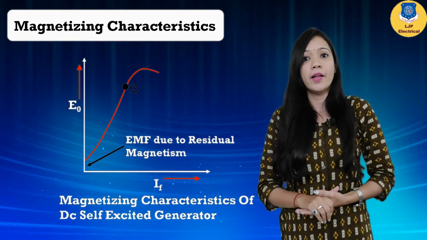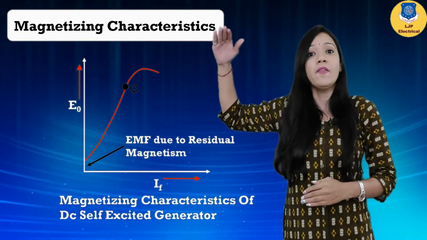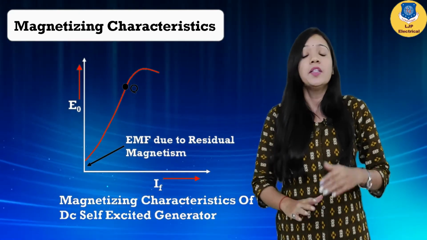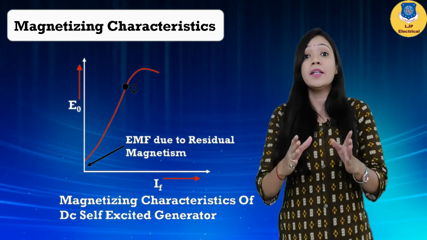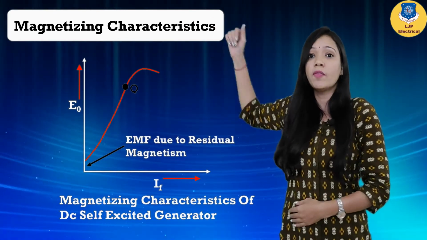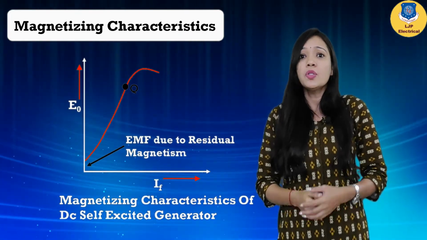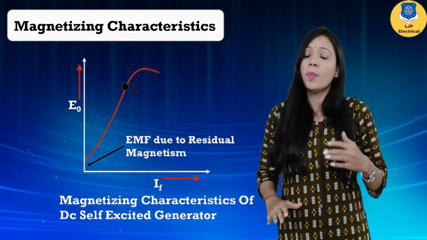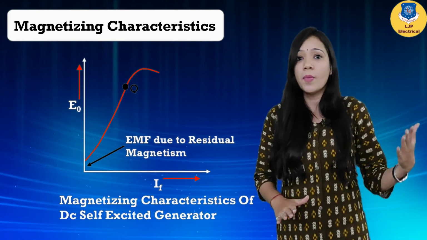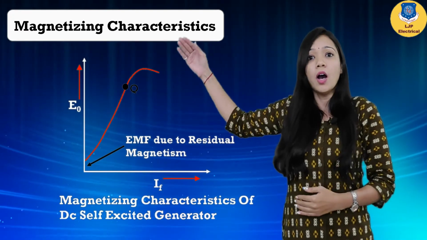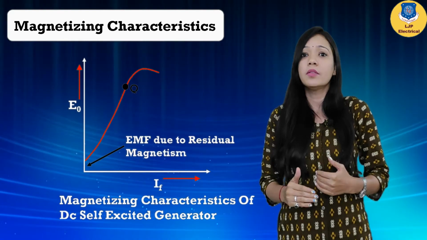The iron path reluctance has some appreciable value at high values of flux density. Therefore, E0 and IF do not hold a linear relationship, which you can see from the figure, and it starts from the point Q. It should be noted that the open circuit characteristic for speed above the normal speed would lie above this curve and for a lower speed would lie below it.